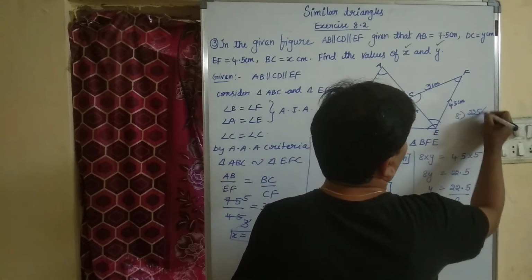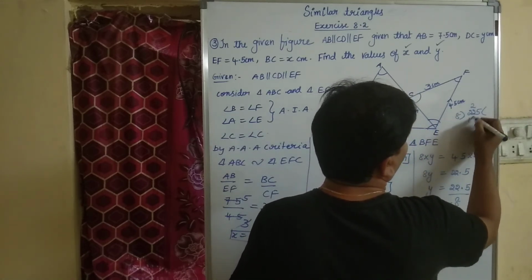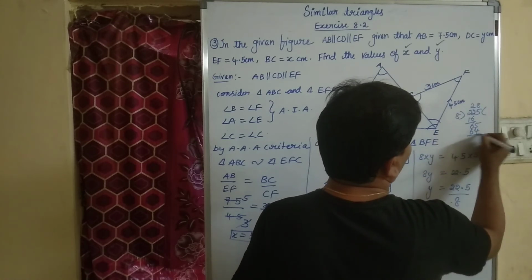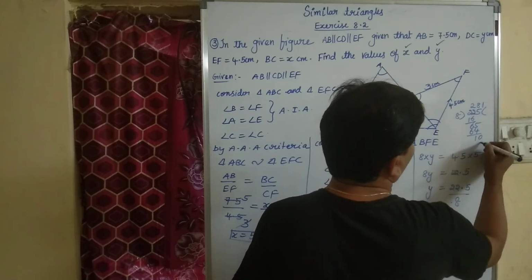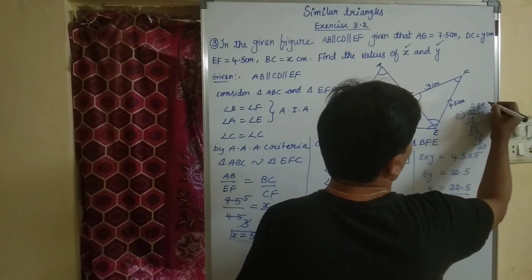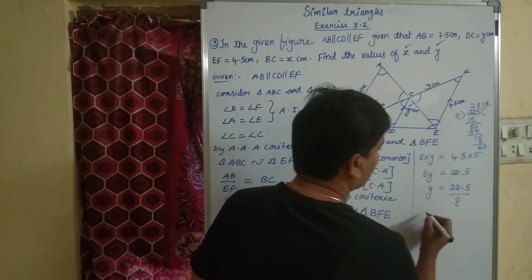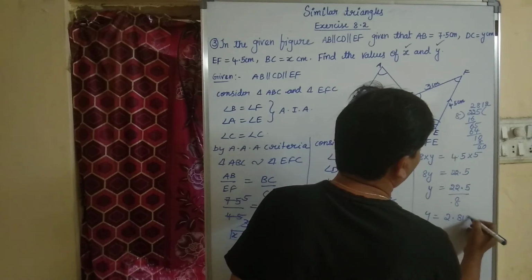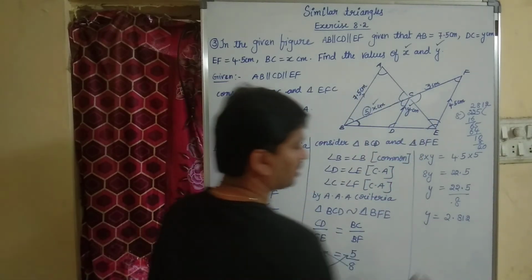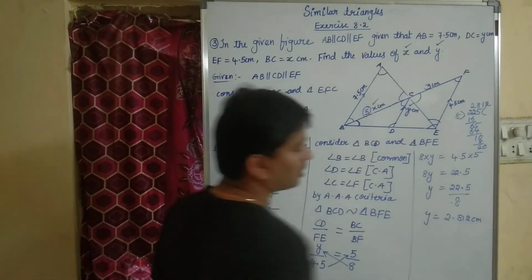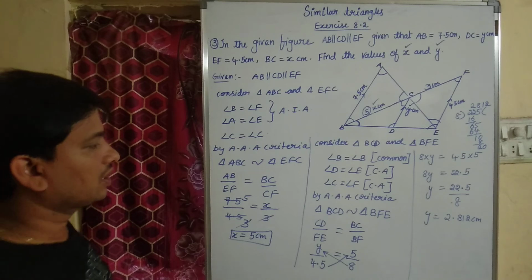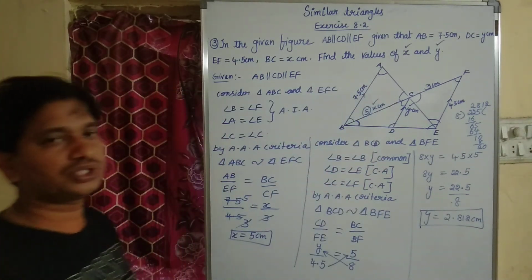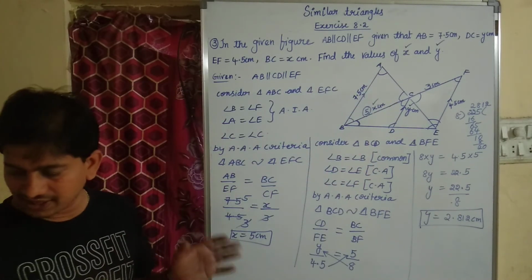Dividing, we are getting 2.812 centimeters. So what is the length of y? The length of y is 2.81 centimeter. In this question they are asking to find the values of x and y.